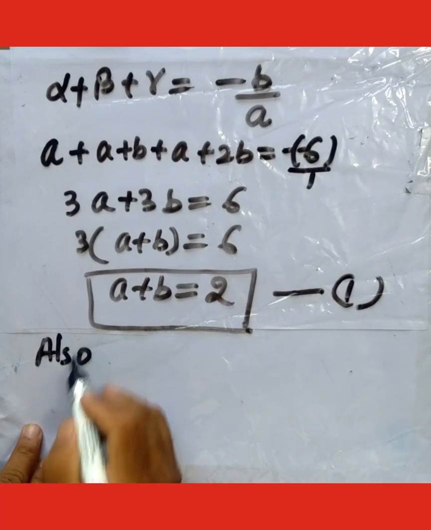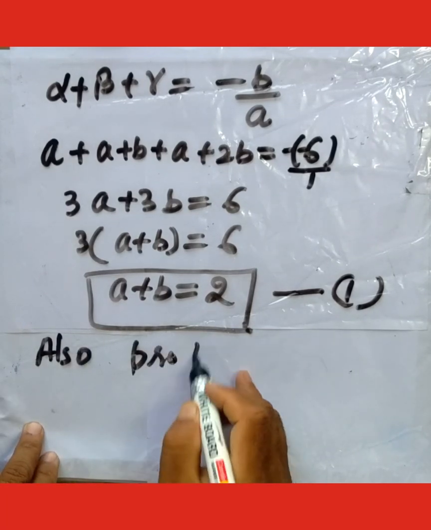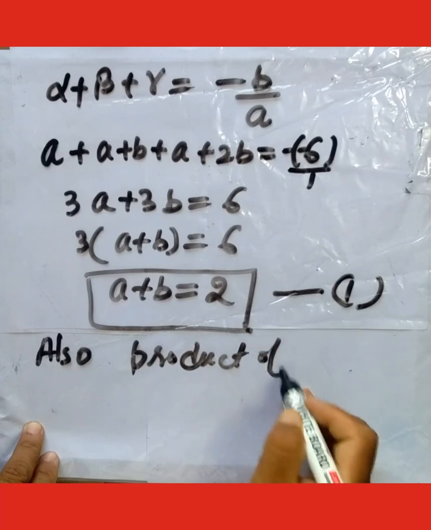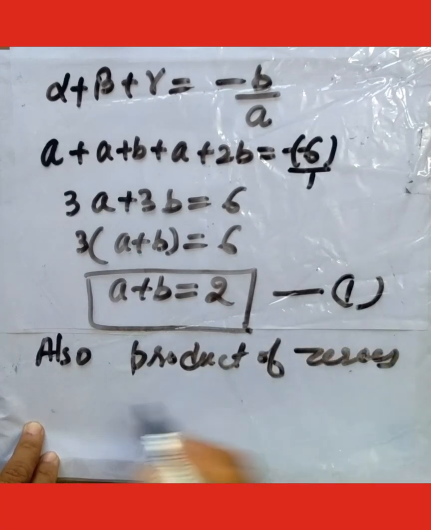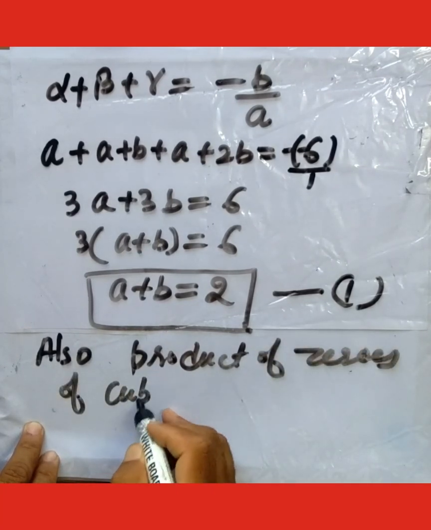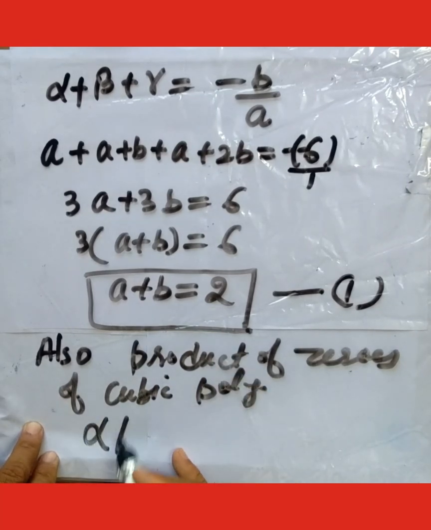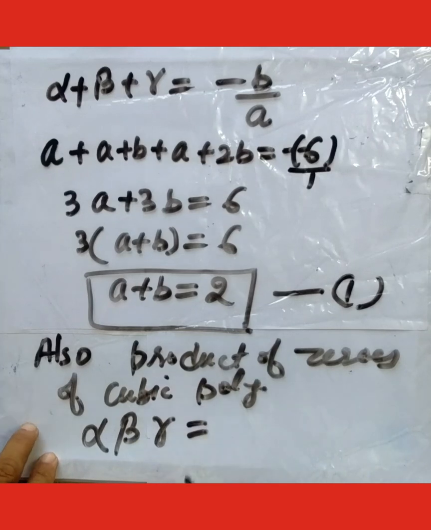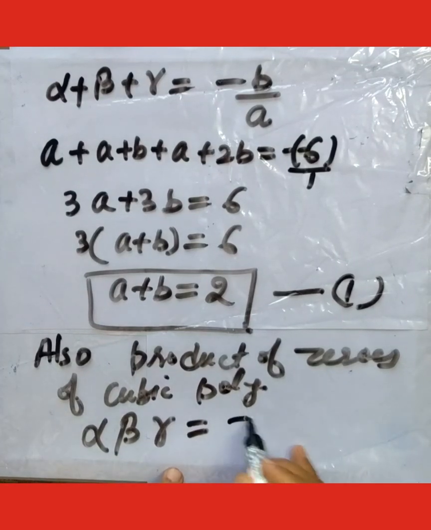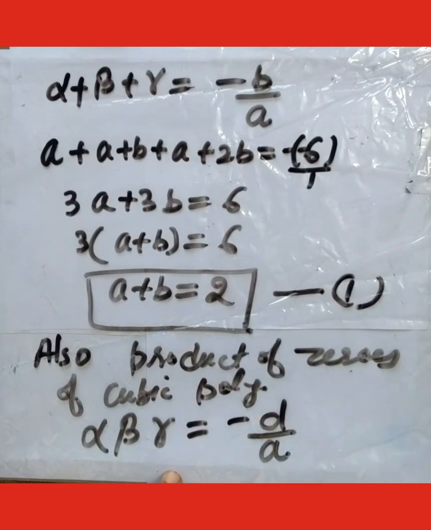Also, the product of zeros for a cubic polynomial, alpha beta gamma, is equal to minus d upon a.